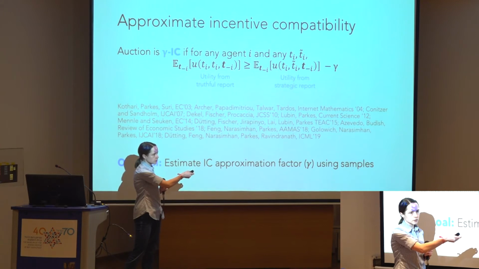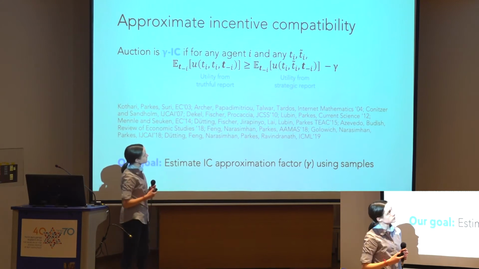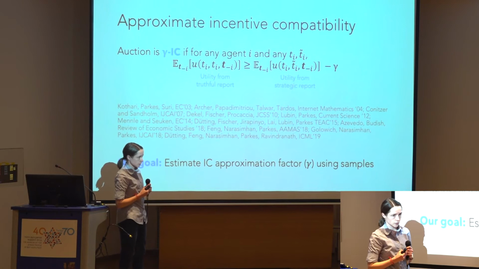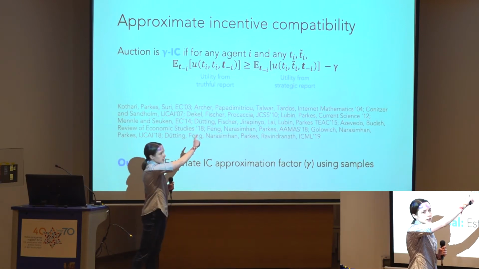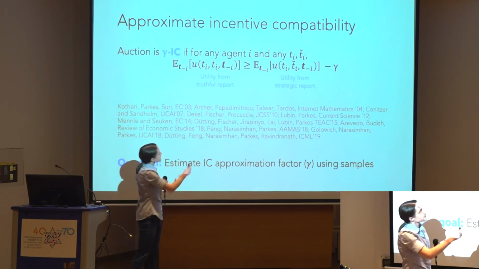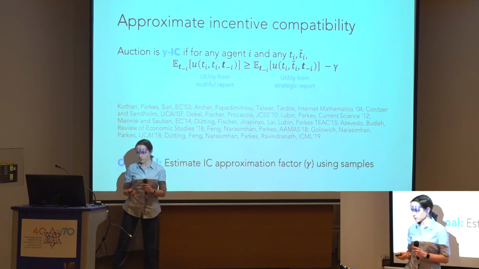Does that make sense? But gamma will be distributed when Ti is distributed, right? Yes, so it's worst case over Ti and Ti tilde. Thanks for the question.